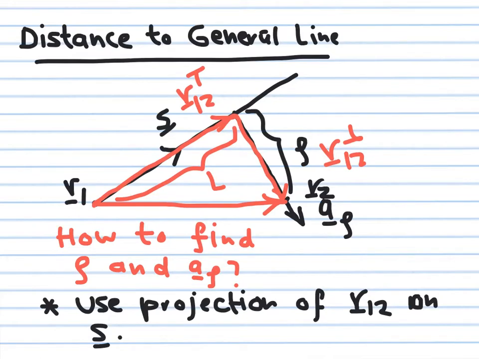And once I have L, I multiply it by a unit vector along S to get R1,2 tangential. Once I have R1,2 tangential and I have R1,2, I'm able to get R1,2 normal, because R1,2 normal is equal to R1,2 minus R1,2 tangential. So let's see how these steps are going to be done in the next slide.